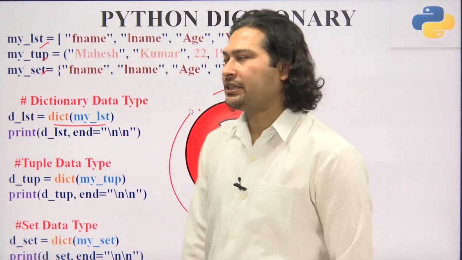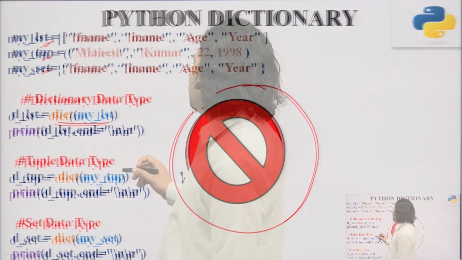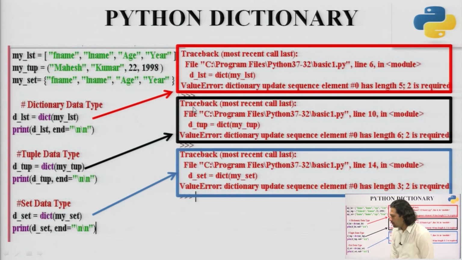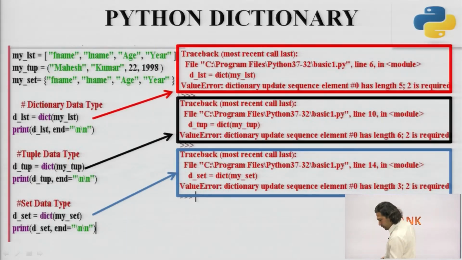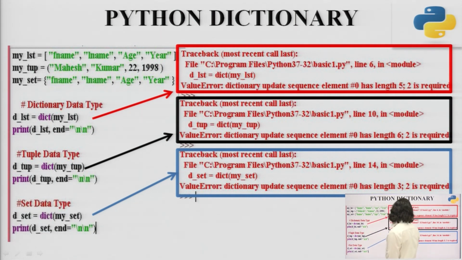So, the reverse process from the respective list, tuple and set data type to the dictionary is not possible, because the dictionary holds two elements, one is key, the second one is value, and it is missing in all three data types. You can see in the output that when we are trying for the list data type, it is showing a value error, that means the dictionary update sequence element 0 has length 5, 2 is required, and so on.